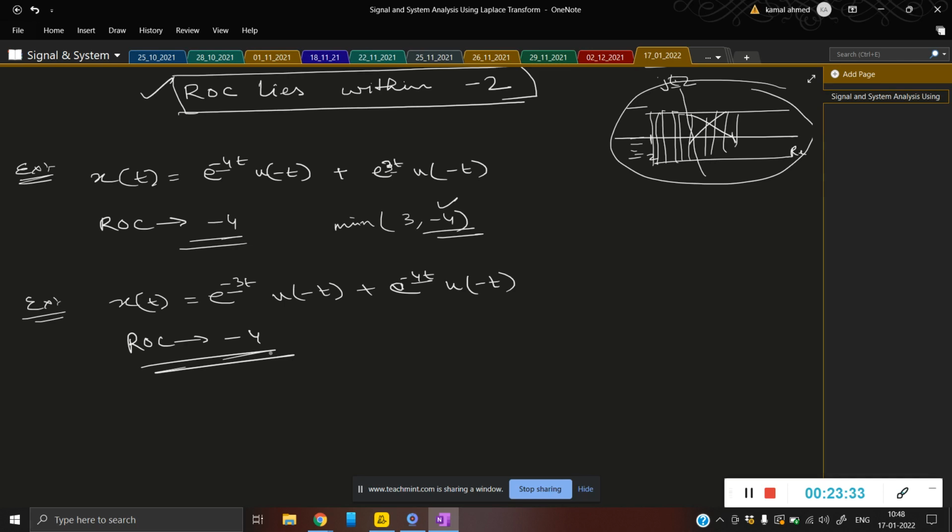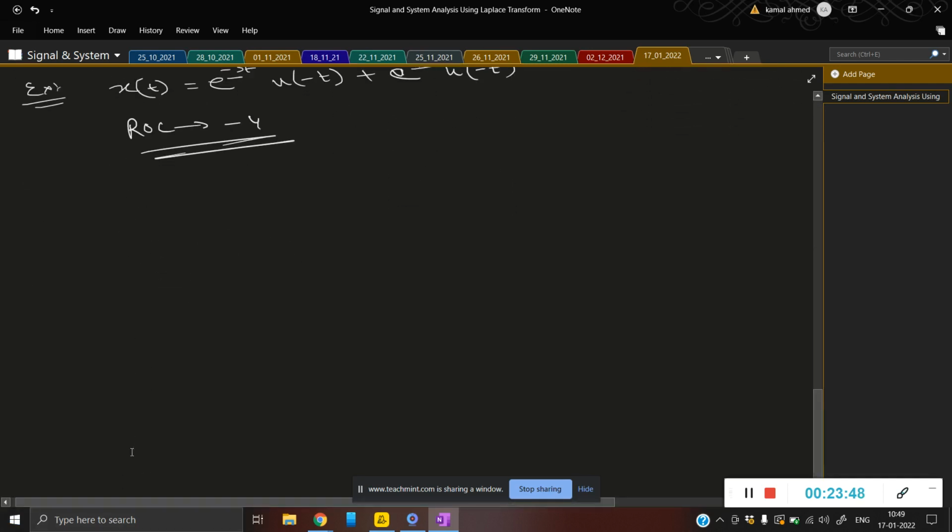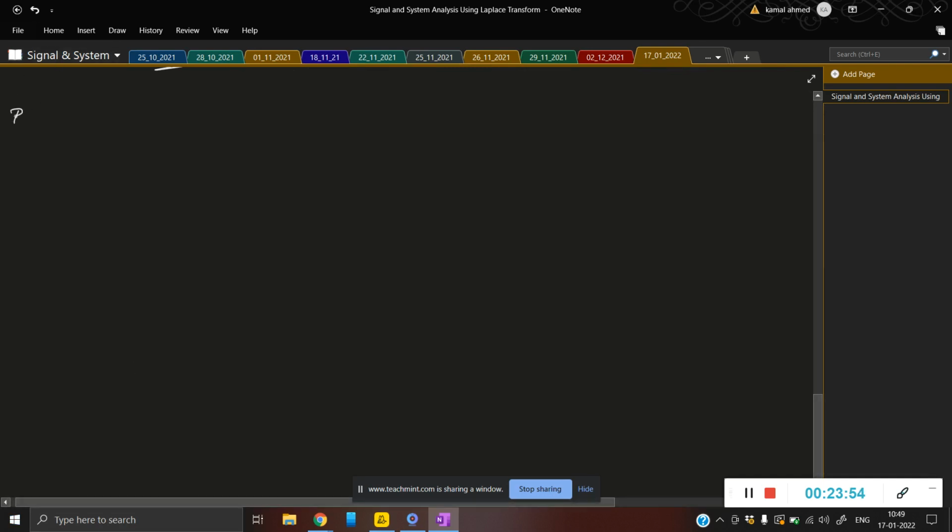Okay, so now I will move to the topic, that is properties. Like your Z transform, Laplace transform also has some properties. So first, properties of Laplace transform.